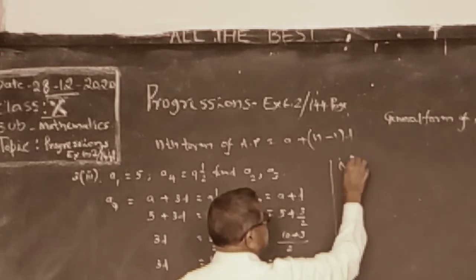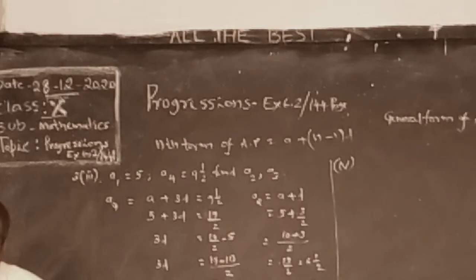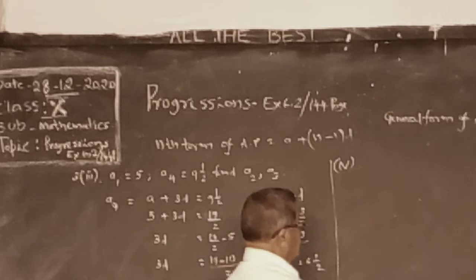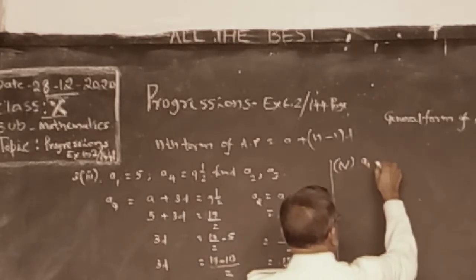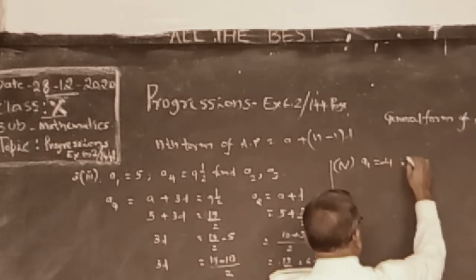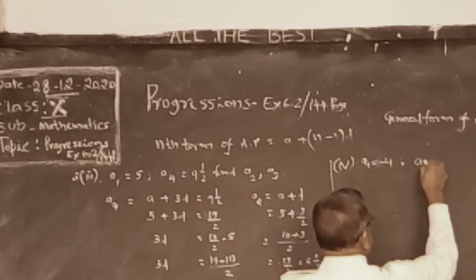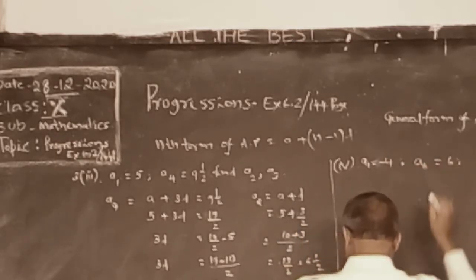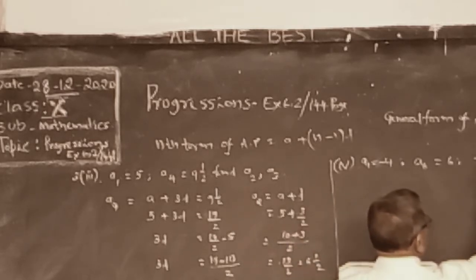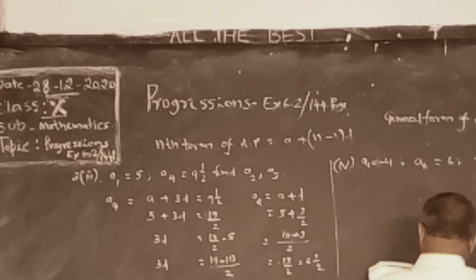Fourth problem. A1 is -4 and A6 is 6. Find A2, A3, A4, A5.